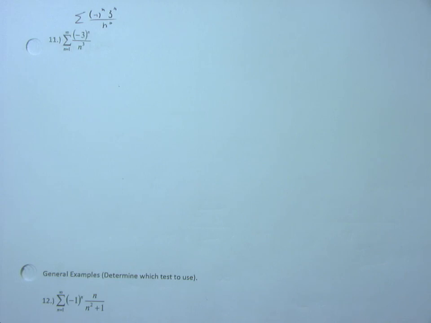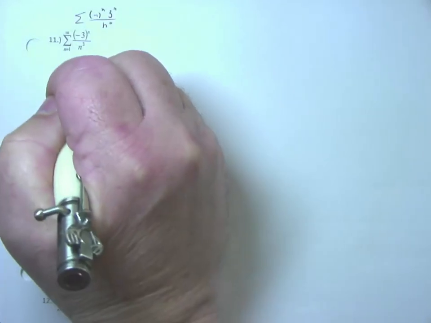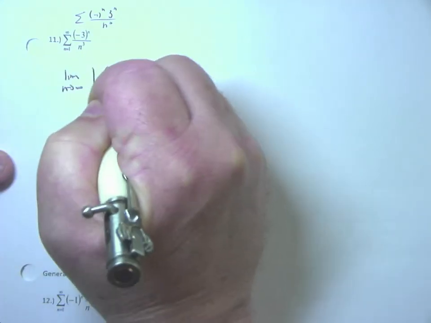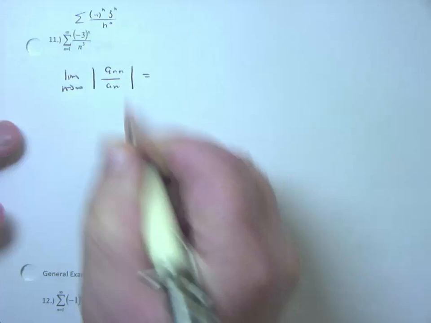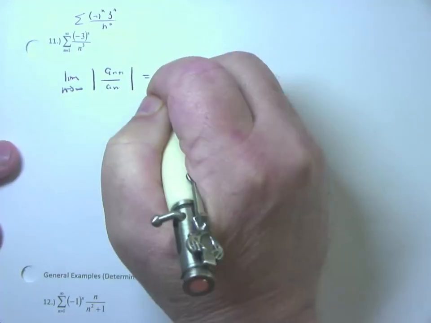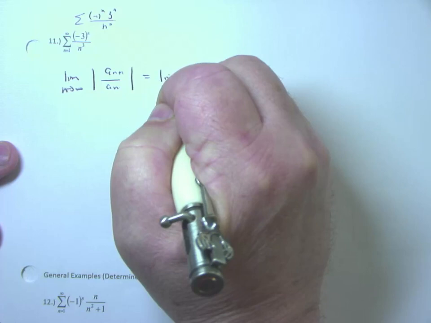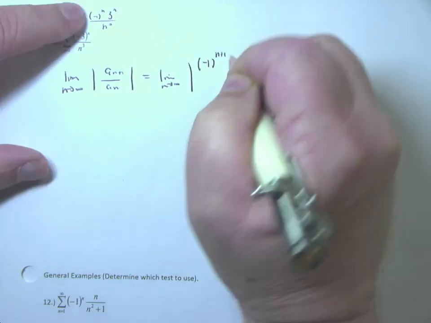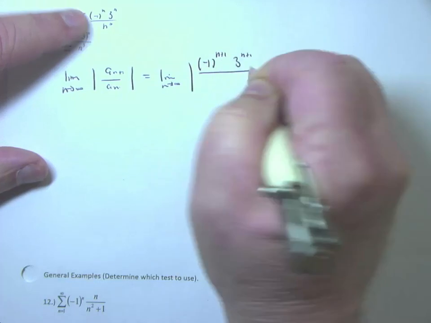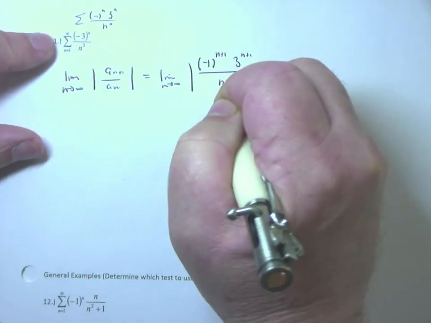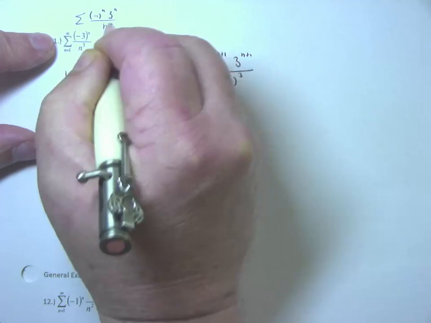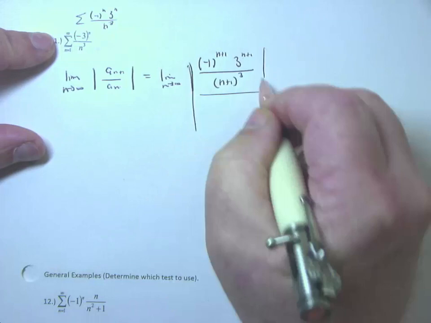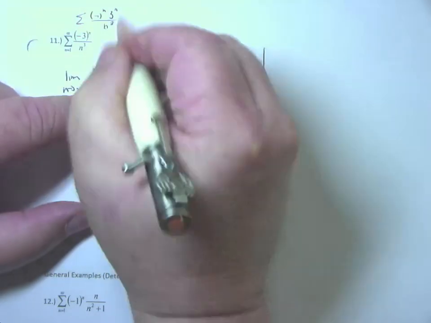So, here we go. I'm going to take the limit as n approaches infinity of the absolute value of a sub n plus 1 over a sub n. This will be equal to, and I'm going to use my cleaned up version here, the limit as n approaches infinity of the absolute value of negative 1 to the n plus 1, 3 to the n plus 1, divided by n plus 1 cubed, replacing all the n's with n plus 1s, divided by a sub n. A sub n, you just recopy it.